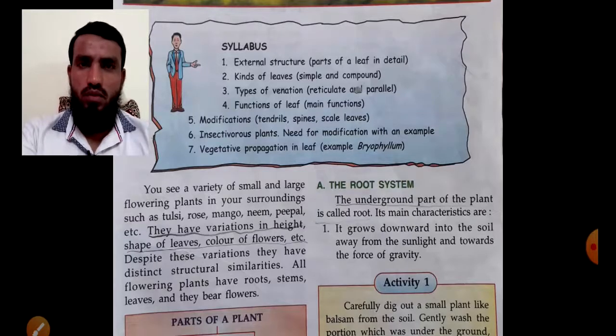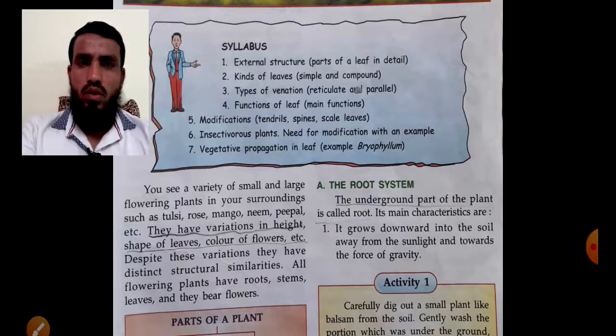All plants have the same kind of structure, like roots and shoot. This is the basic way we can divide the plant. All the flowering plants have roots, stem, leaves, and they bear flowers.